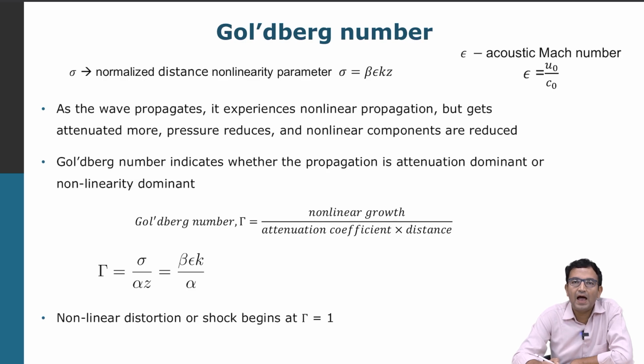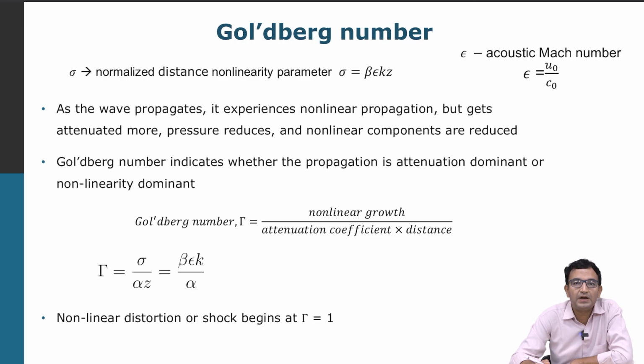A medium may have a strong propensity to be nonlinear, as dictated by the nonlinearity parameter, but the medium may also have very high attenuation. So these are two competing effects. The nonlinearity metric is suggesting that a lot of harmonics will be generated, but the attenuation is suggesting that they will also be attenuated rapidly.